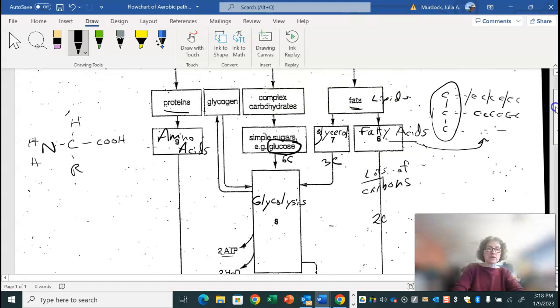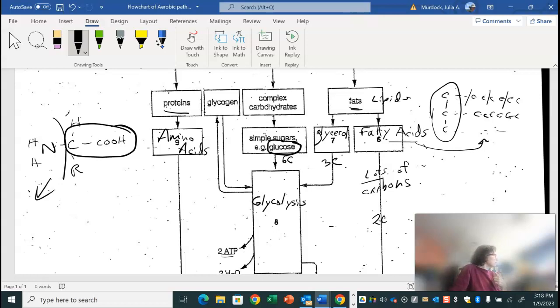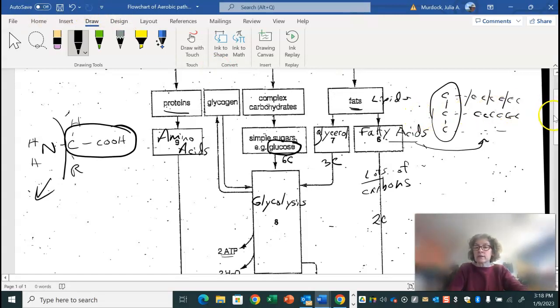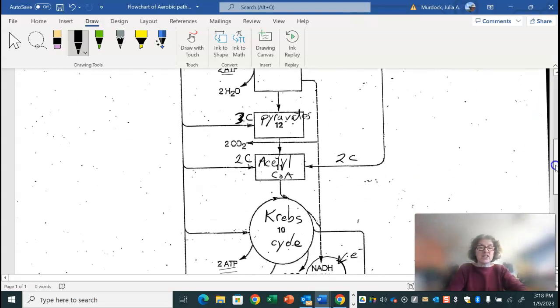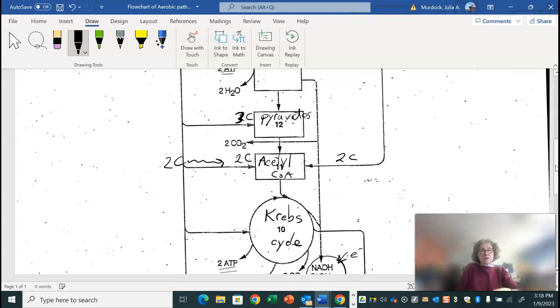So if we go up here, for example, if this is cut off, right, you take that off, you're still left with, at the very least, a 2-carbon molecule. So the 2-carbon molecule can go in here, right? So any 2-carbon amino acid, if you're left with that, can become acetyl-CoA and can go in that way.